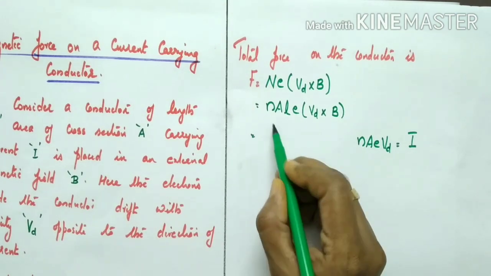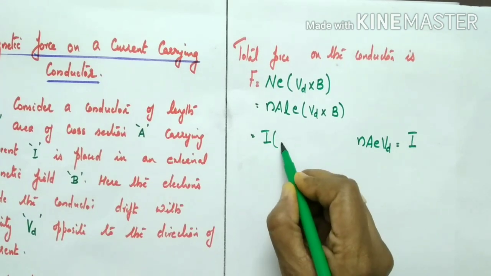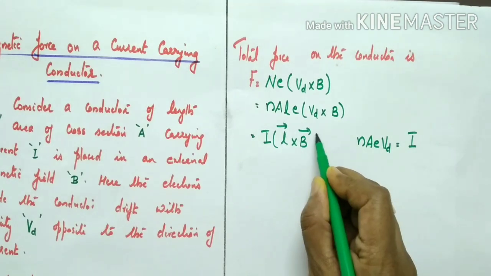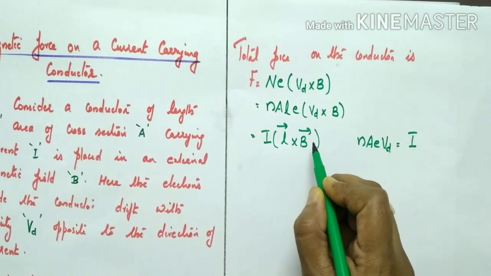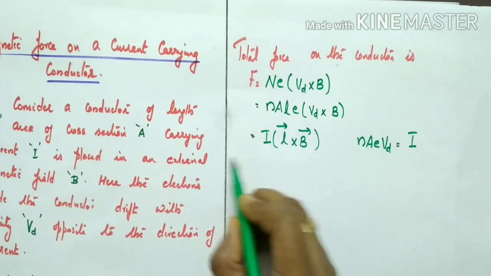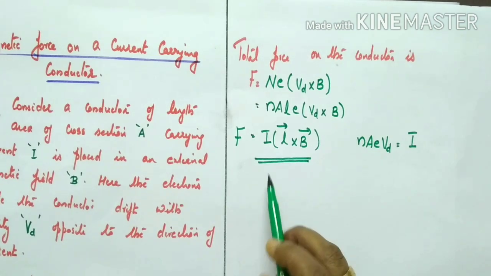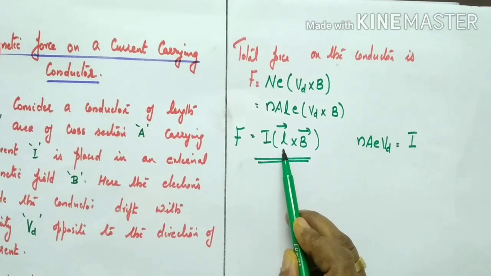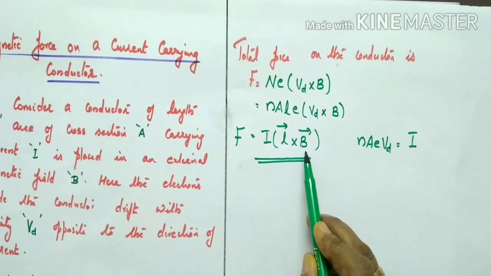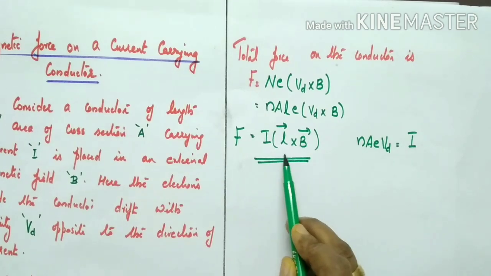So this can be written as I into L cross B. So the force experienced by all the electrons inside the conductor, or the force on a current carrying conductor placed in an external magnetic field, is given by F equal to I into L cross B. If a current carrying conductor of length L carrying current I is placed in an external magnetic field B, then the force experienced is given by F equals I into L cross B.